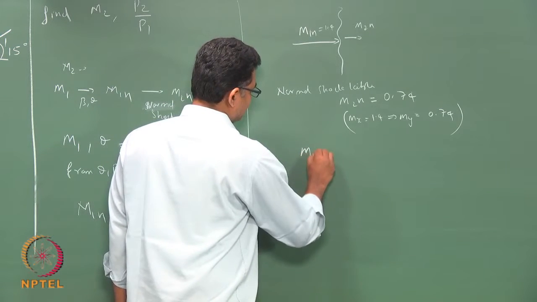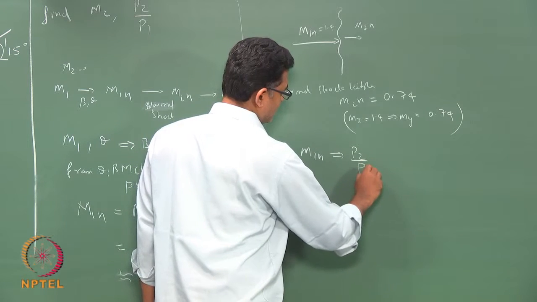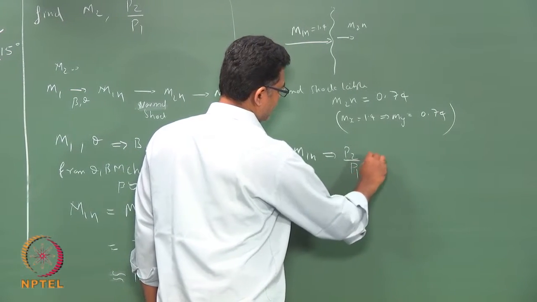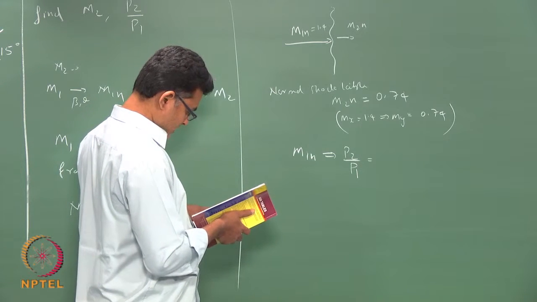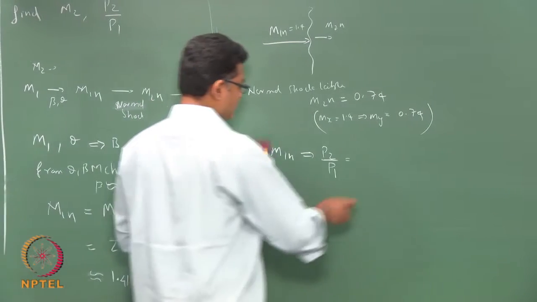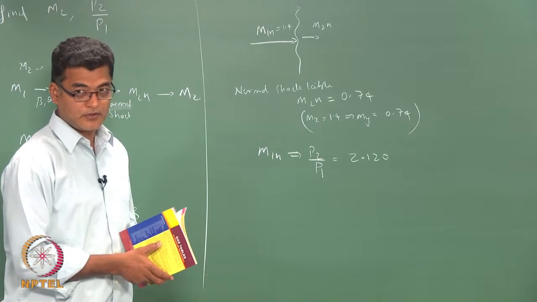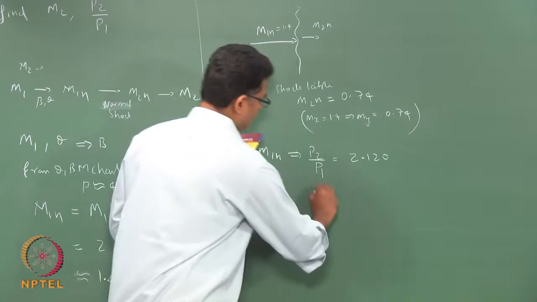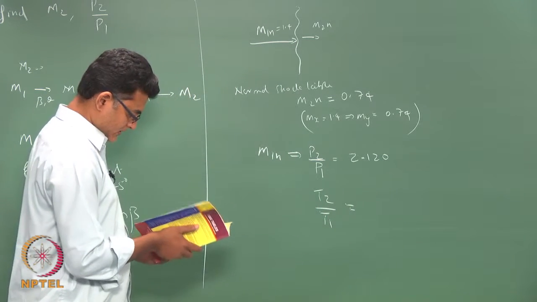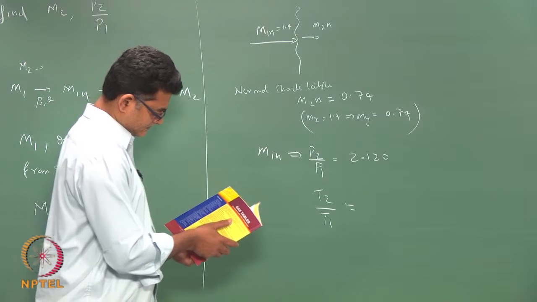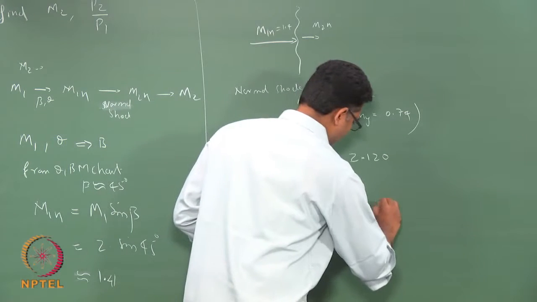If I know my M1n, that also gives me my P2 by P1 across the shock, which is 2.120, and my T2 by T1 can also be obtained from this, which is 1.255.